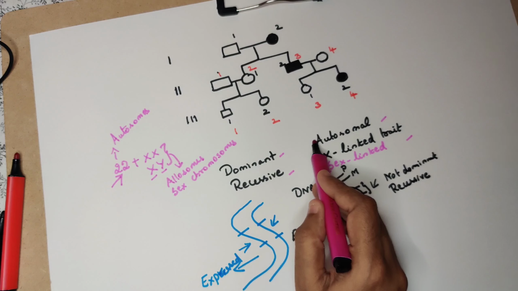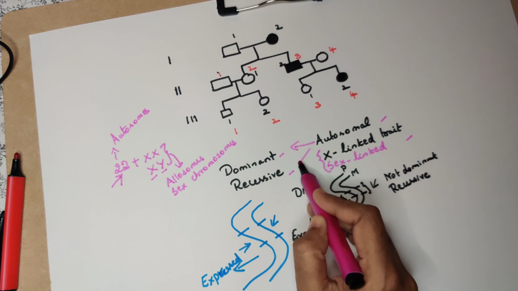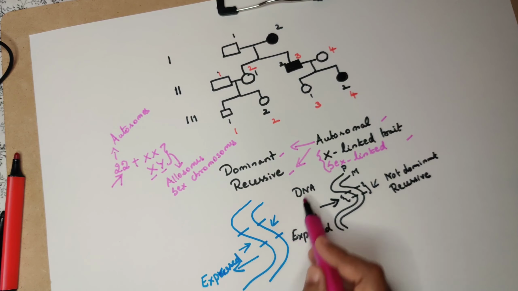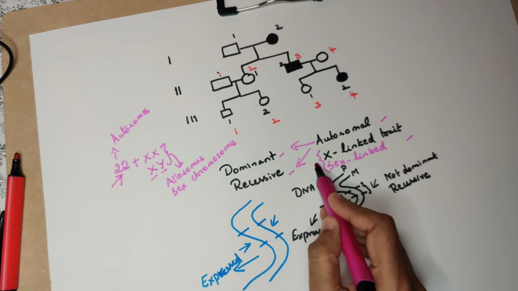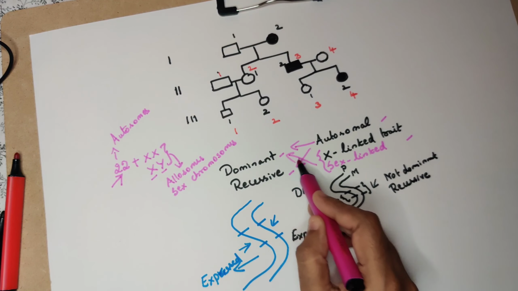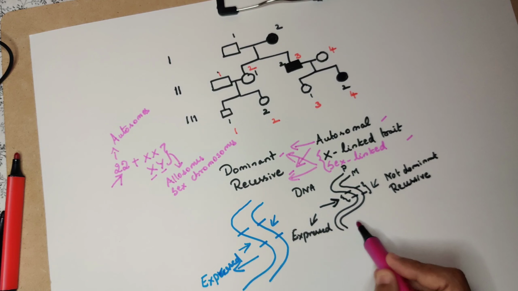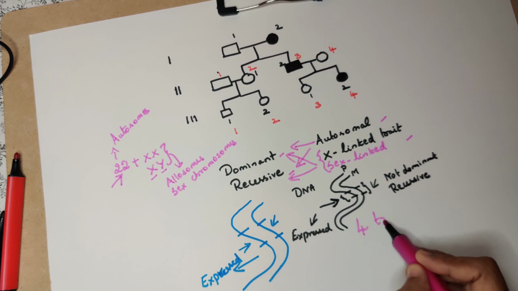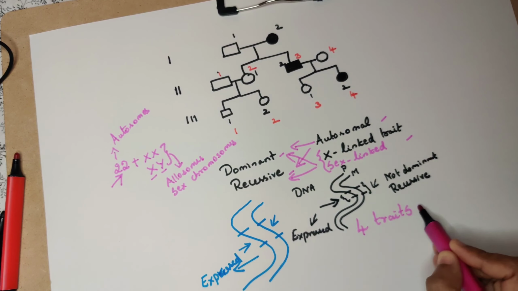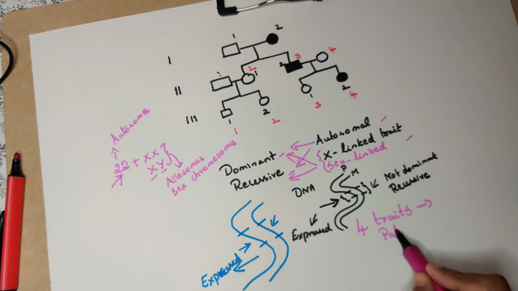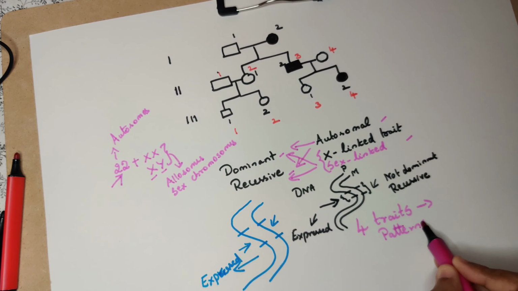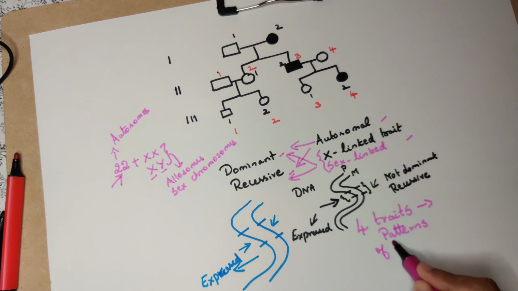The autosomal trait can either be dominant or recessive, or sex-linked trait can either be dominant or recessive. So there are 4 traits and their patterns of inheritance we are going to study in grade 12.